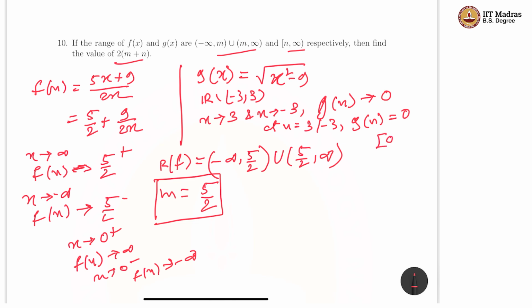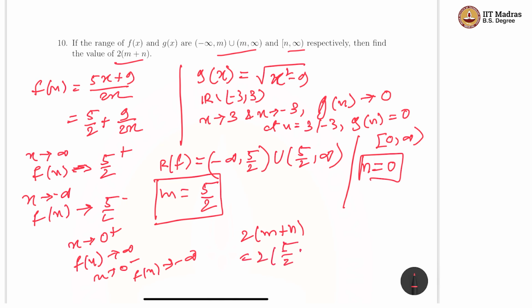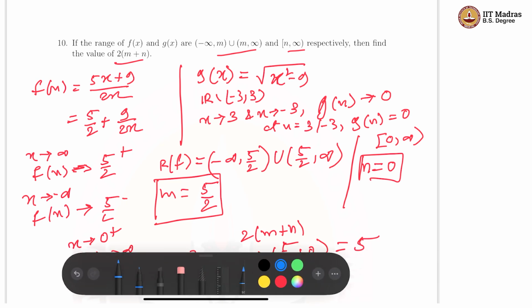So the range of g(x) will be basically (0, infinity), right? So here our n is 0. So what will be 2 into m plus n? This is basically 2 into 5 by 2 plus 0, which is nothing but 5. Okay, so let us now summarize it.